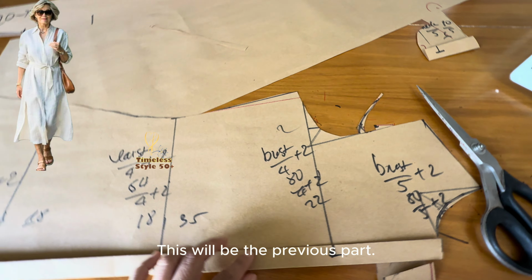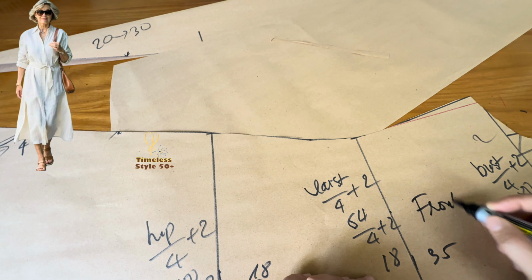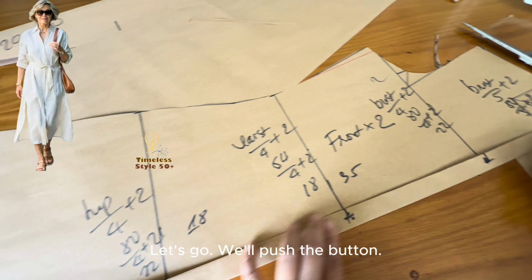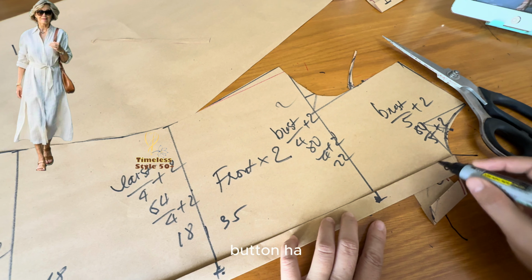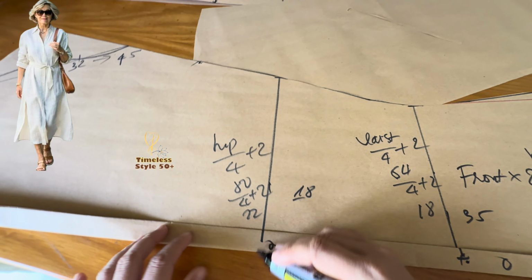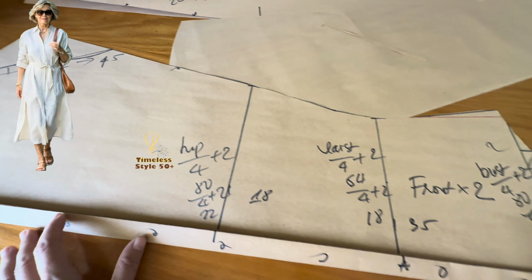This will be the previous part. Previously you multiplied by 2. Let's go. We'll push the button. We set the button like this. It's a long button down the body.